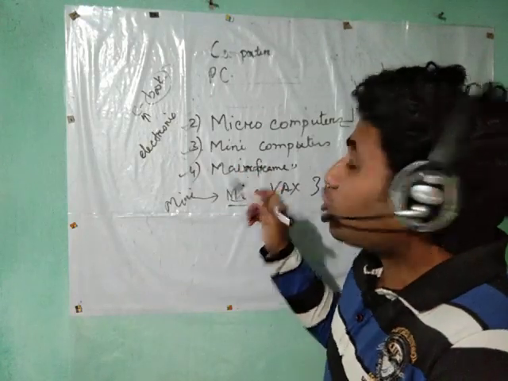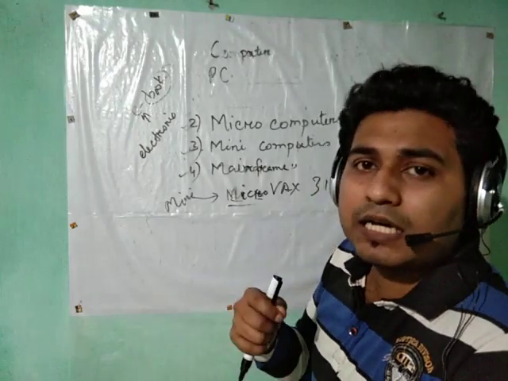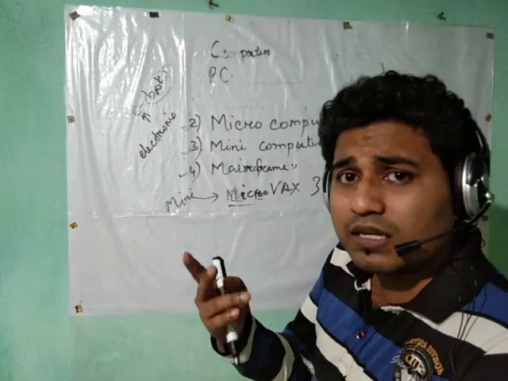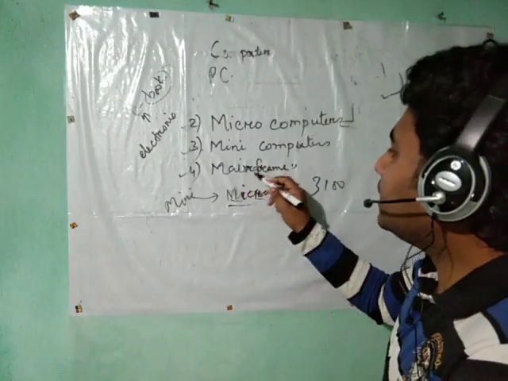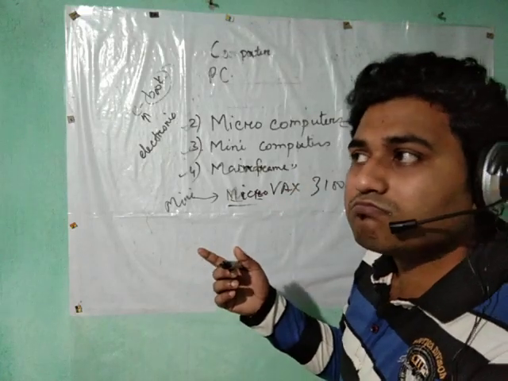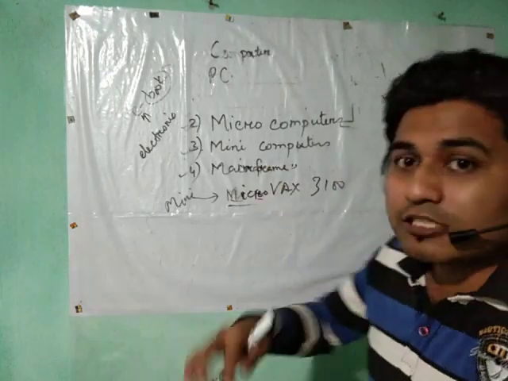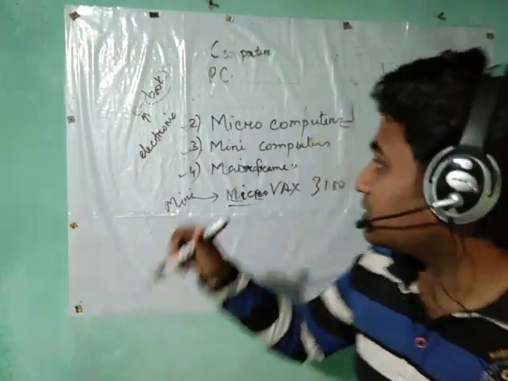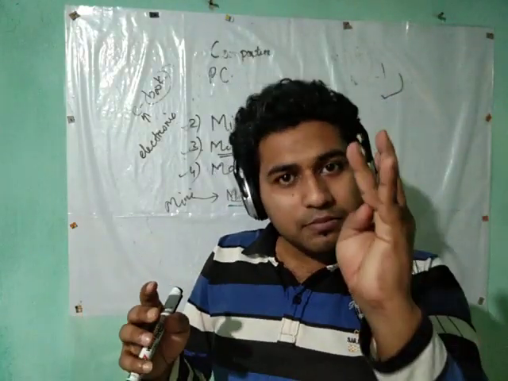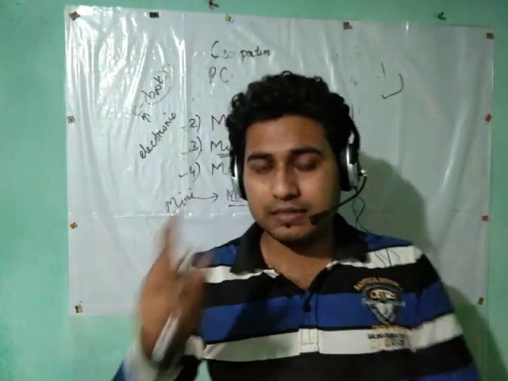Just like you have one name at home and a different name at school, the same person has different names, right? Similarly, mainframe computers are the common name, and its scientific and computerized name is macro computer, because its size is a bit larger. That means larger than mini; the order is micro, then mini, then macro. I hope that is a scale of size.